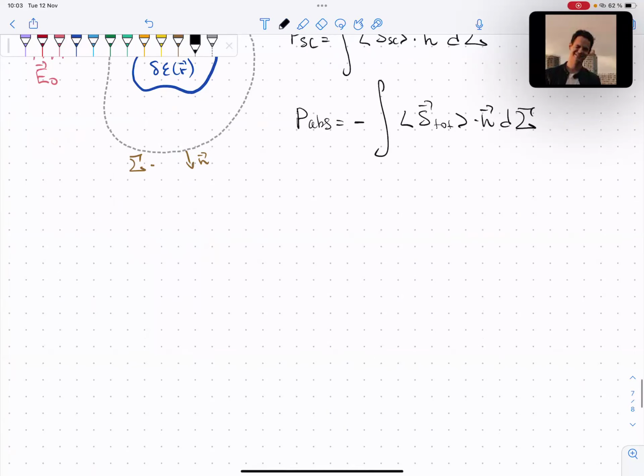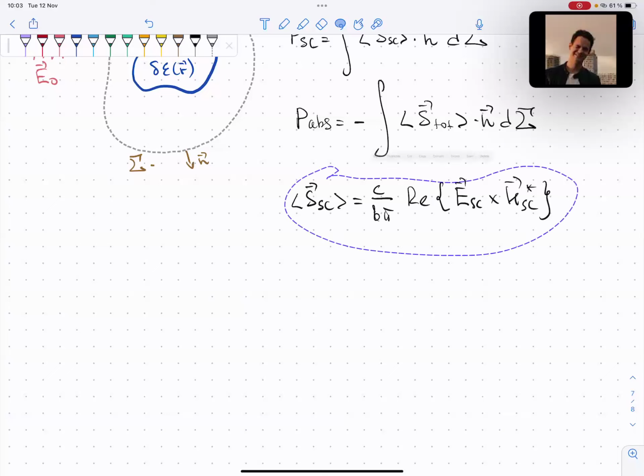And basically here the scattering Poynting vector is the same, c divided by 8 pi. This is the time average Poynting vector. The scattered Poynting vector is calculated using only the scattered electric and magnetic field, and the total Poynting vector uses the total electric and magnetic field.